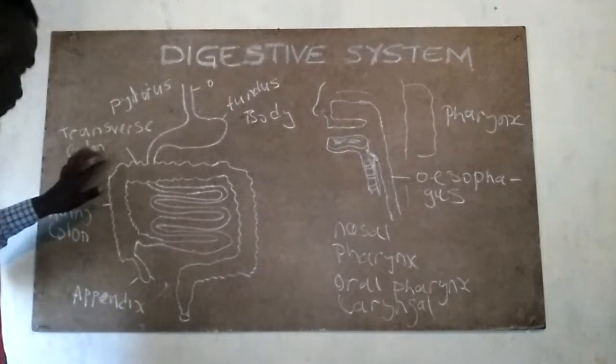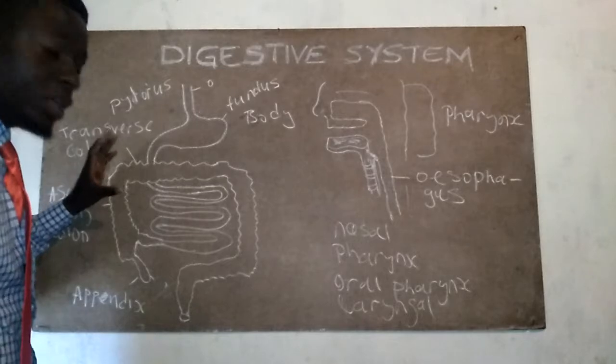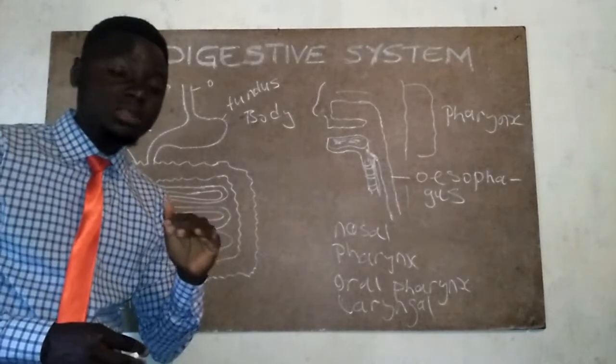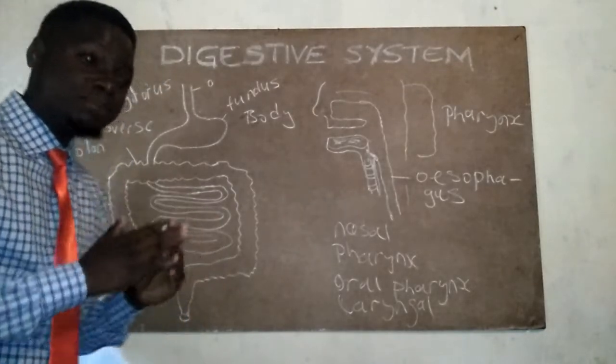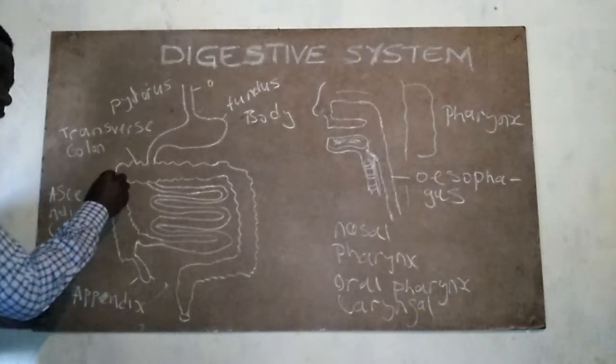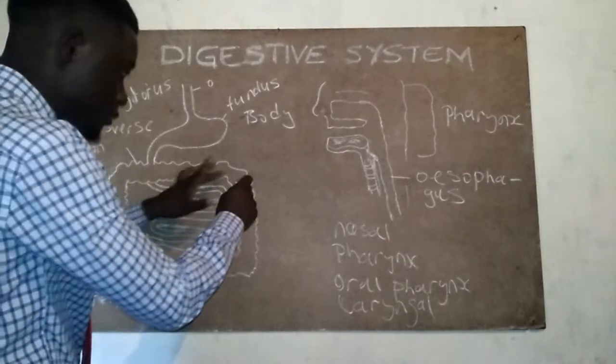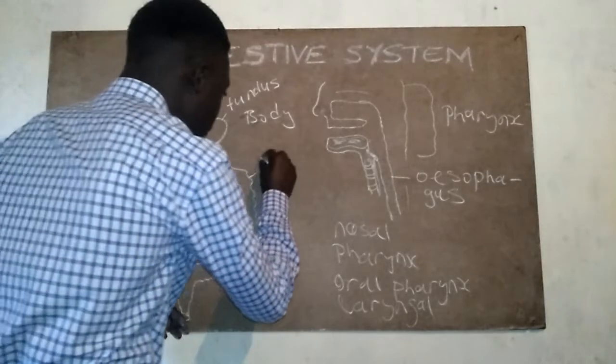This is because in life, here we are going to have the liver. So there is a bit of bending of the large intestine, and that bending is what we call the hepatic flexure. And the transverse, descending colon.